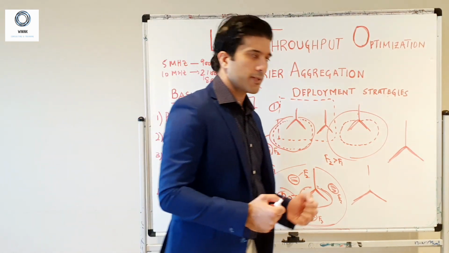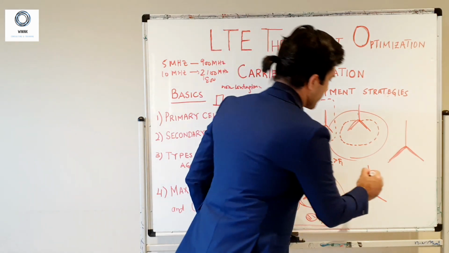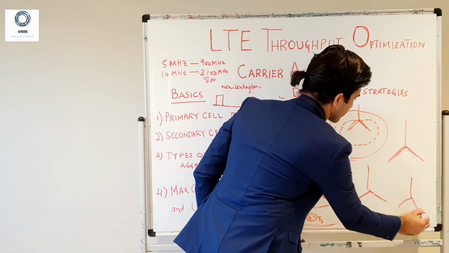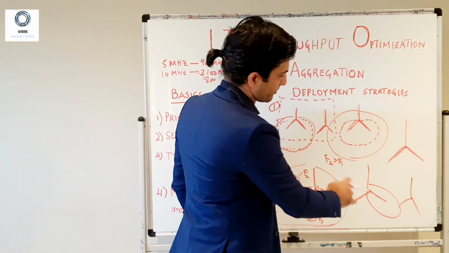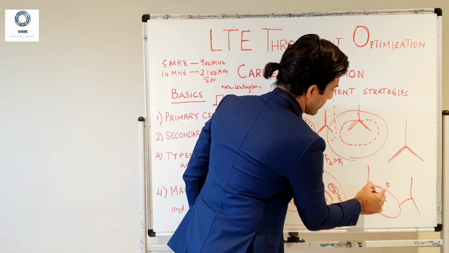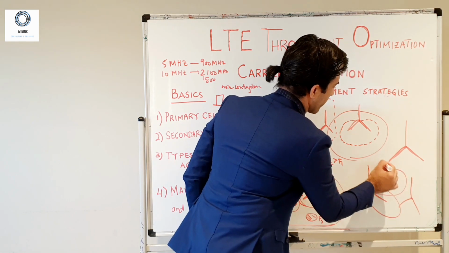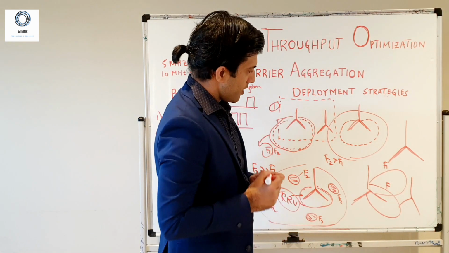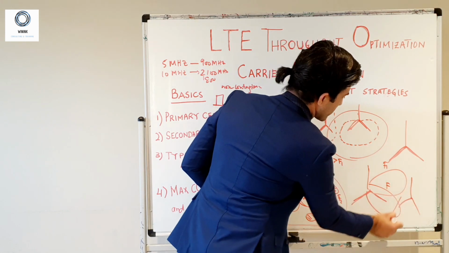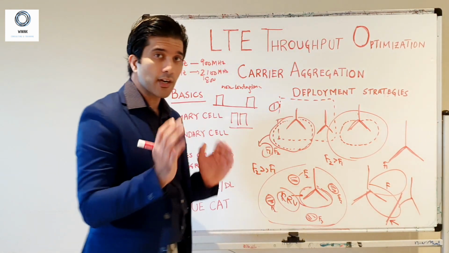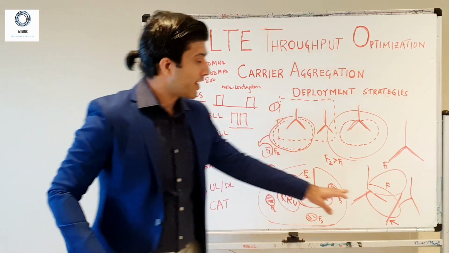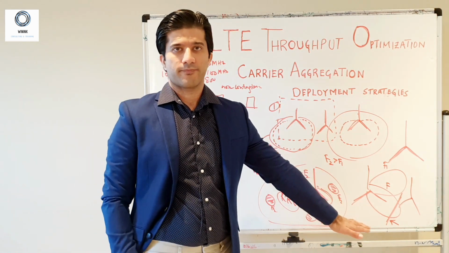And another deployment strategy is when, what you do is, this is the coverage area of your F2 layer and this is the coverage area of your F1 layer. What you can see is that if this is a cell edge, you are using a particular component carrier to provide coverage on the cell edge areas.